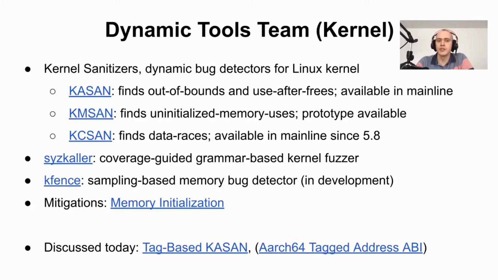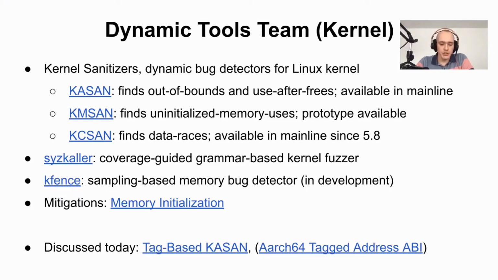I guess the oldest one is the address sanitizer that finds memory corruptions, and the newest one, just merged into the mainline kernel a few months ago, is KCSAN, which finds data races. We have Syzkaller, which is our coverage guided fuzzer, and right now we're also working on KFence, which is something like Tag-Based but for the kernel. So it's a sampling-based memory bug detector for production use.